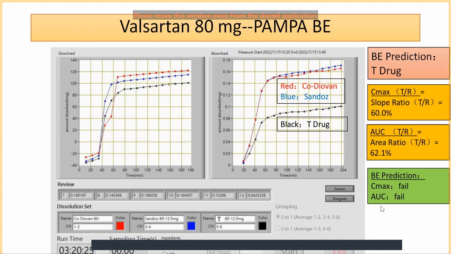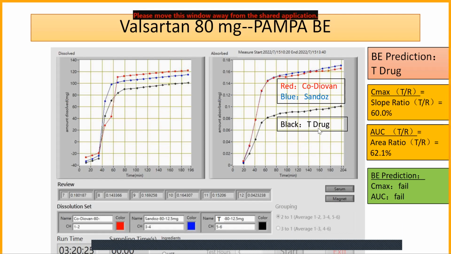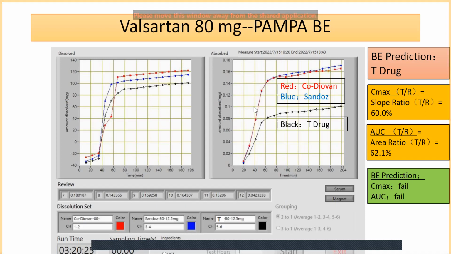The result is shown here. If you have a red, which is Codiovan, blue is the Sandoz drug, and the black is the T drug from China. And then you can see the blue and red are fairly close in terms of permeation. Yet the black one lags behind, especially in the acid region.